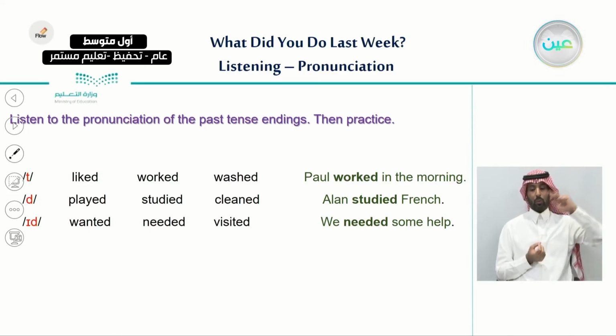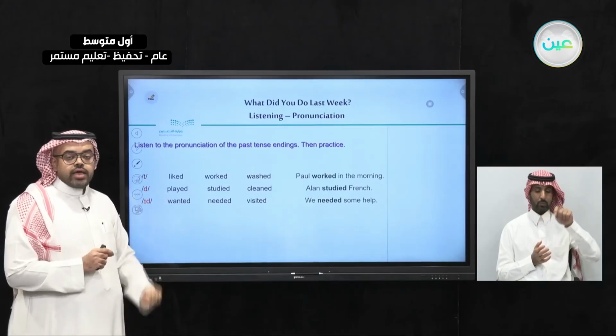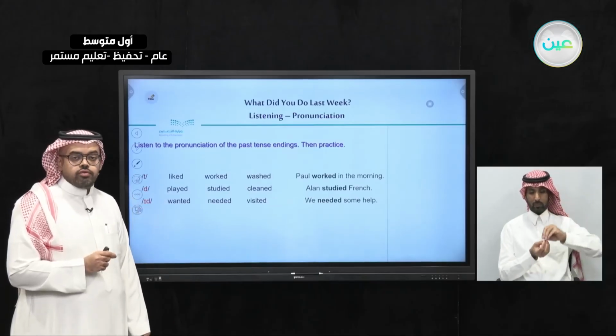For these verbs, we usually pronounce the ending with a t sound. So repeat after me. Liked. Worked. Washed. Here we have a slight t that is pronounced at the end of these verbs.